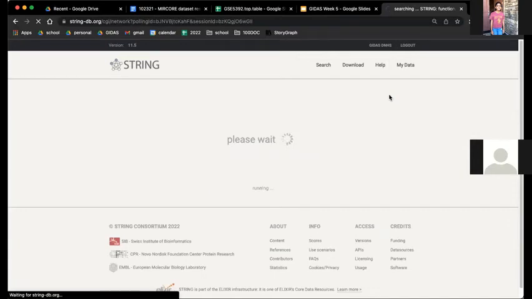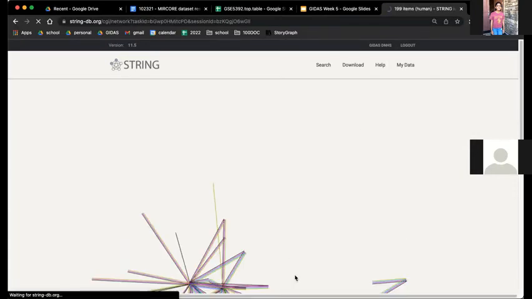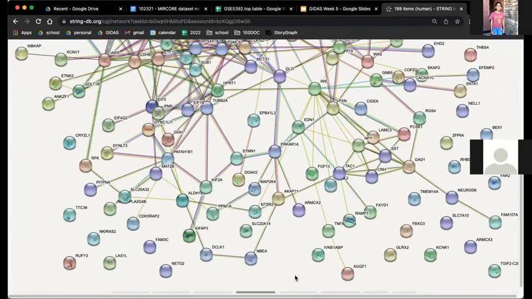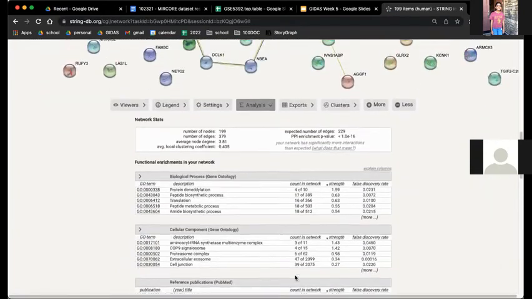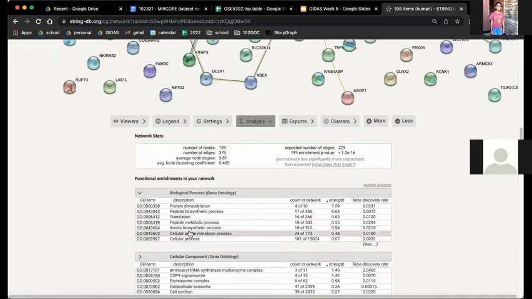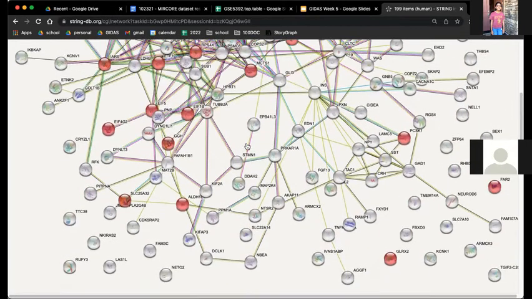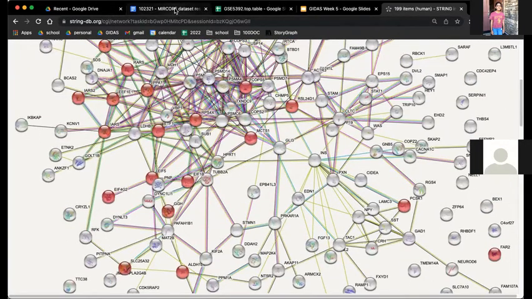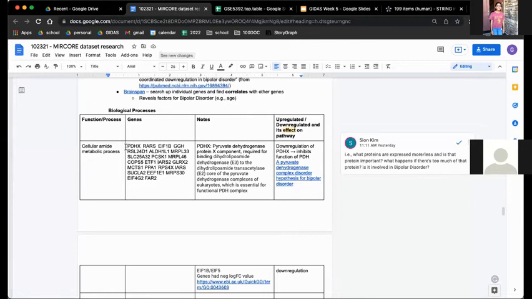And then this was our STRING DB map. After we analyzed it, we had biological processes, and I was focusing on the cellular amide metabolic process. That was all the red dots, and we copied all the genes that were significant here.